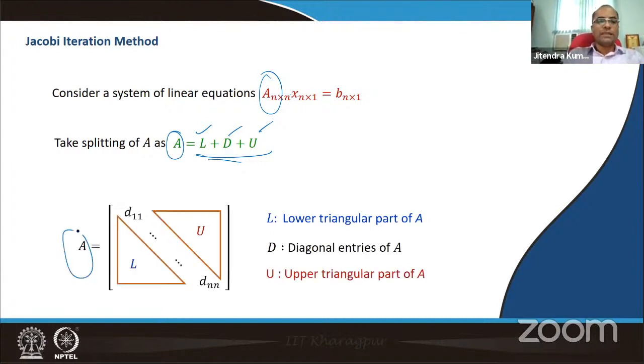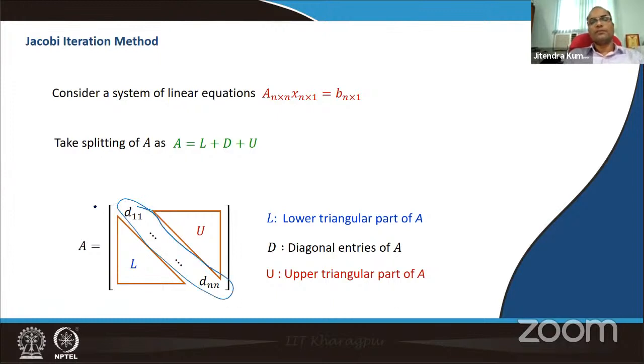Given A, you take this portion as U, and the rest you put 0. This is going to be your U. You take this lower portion as L, and everything else you put to 0. That is going to be L. And then you take the diagonal entries and the rest 0. That will give you D. So you have the lower triangular, the diagonal one, and the upper one.